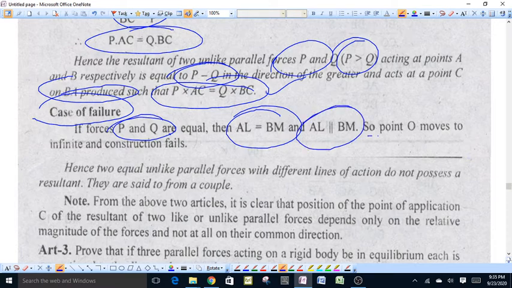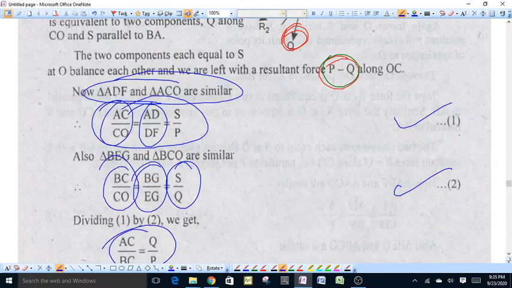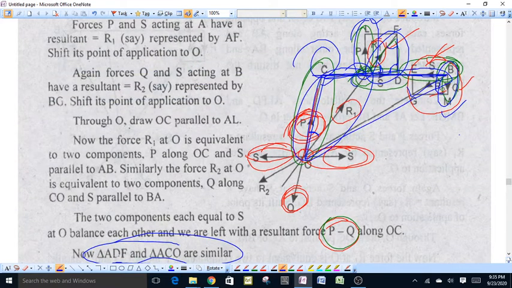So point O is the point of intersection of the resultants R1 and R2. In the case when P and Q are equal in magnitude and opposite in direction, this point O will shift to infinity.